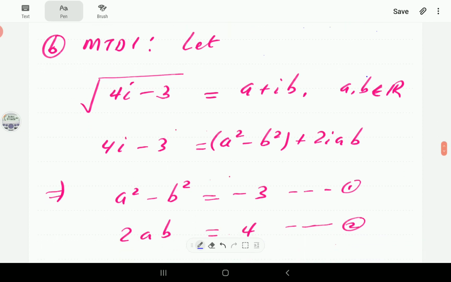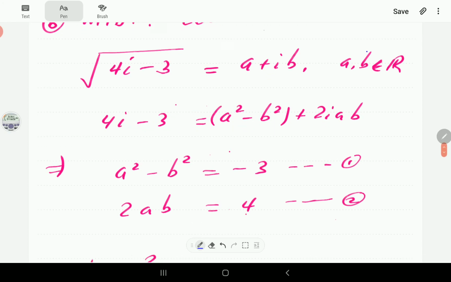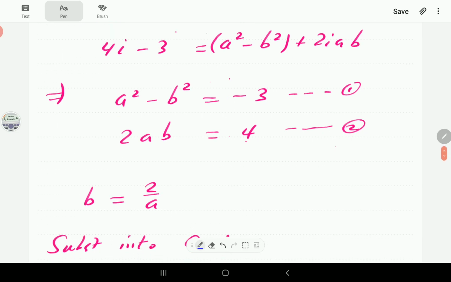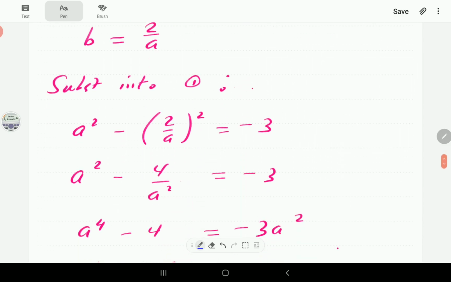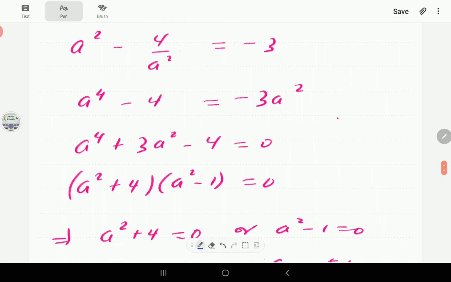Alright, so for part B, if we let this be a plus ib, squaring both sides, it's then going to give us these two equations if we match the real components, and this one if we match the imaginary components. Making b the subject of the formula here and plugging it in here gives us this equation, which can be simplified to that.